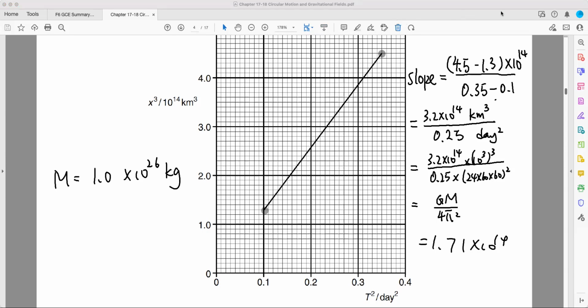Now, many of you make some mistakes. Let's say for this one, the day square is 0.1. Now, this is 0.1 day square here, is it?